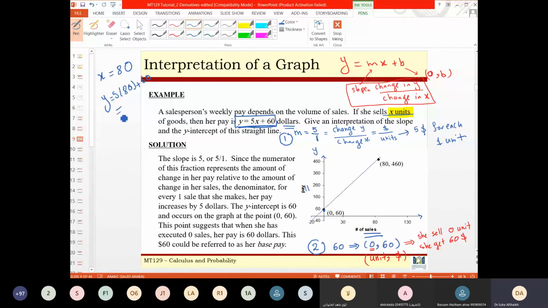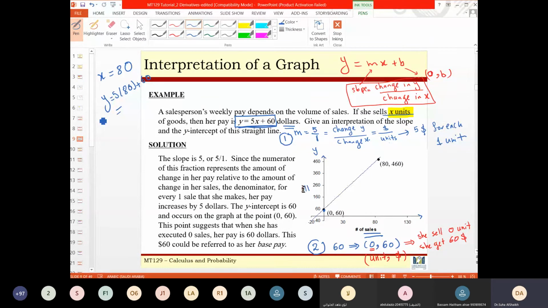Now this is the initial, Mohammed. Initially, if 0 units, it's 60, and then you start to get $5 for each 1 unit. Initially it is $60 without having sold anything. Then for each 1 unit more, $5. Okay, we are almost done with this.